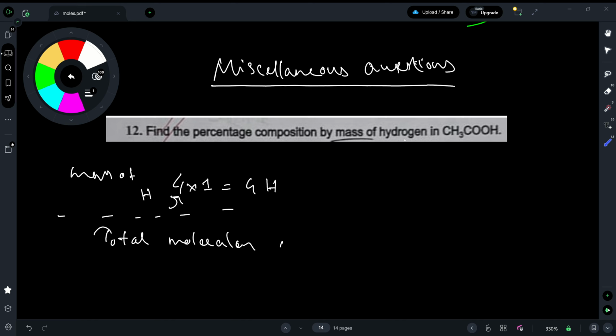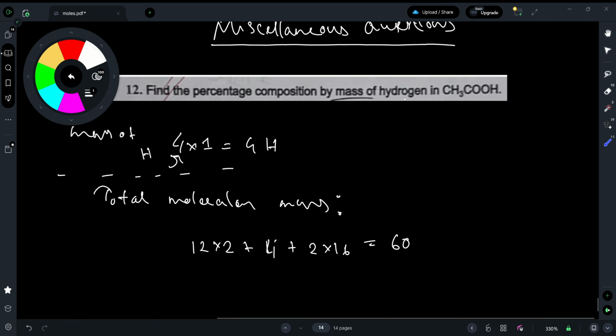And the total molecular mass is two carbons, so 12 into 2, plus 4 hydrogens, so 4, plus 2 oxygens, so 2 into 16. That gives 60. So this has a relative molecular mass of 60.